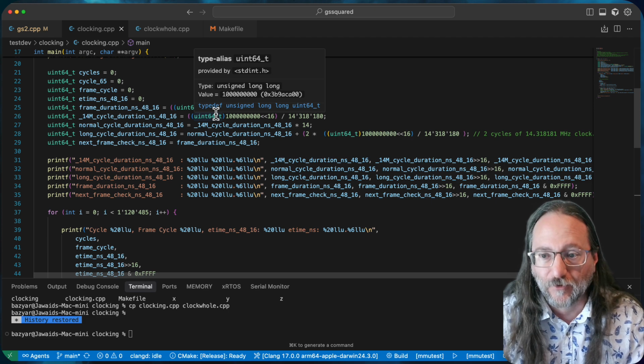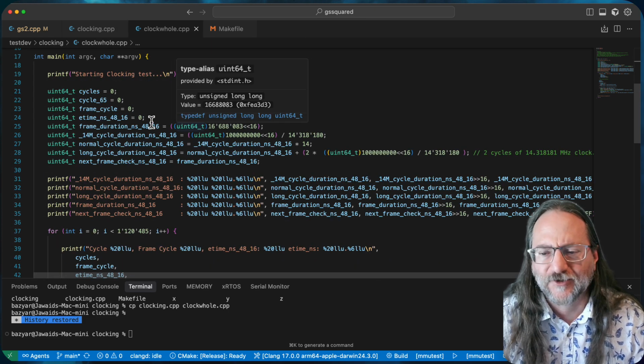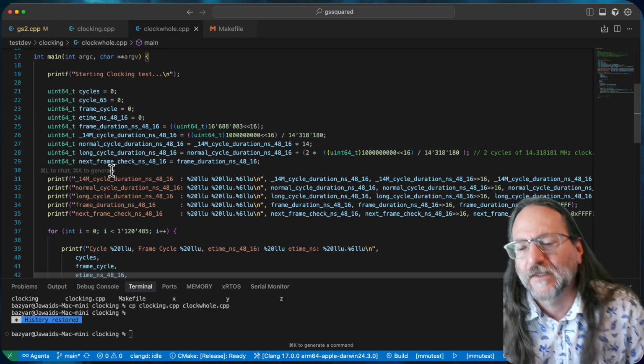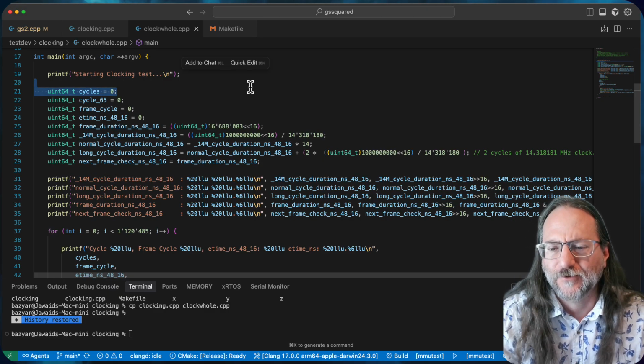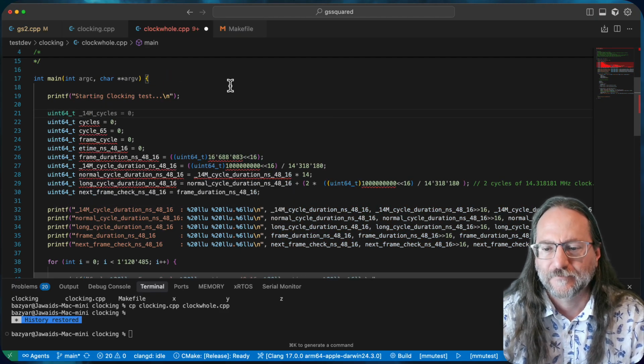do that. So I've got a copy of the code here, and I'm just going to start changing this to just count 14Ms. So let's see here.